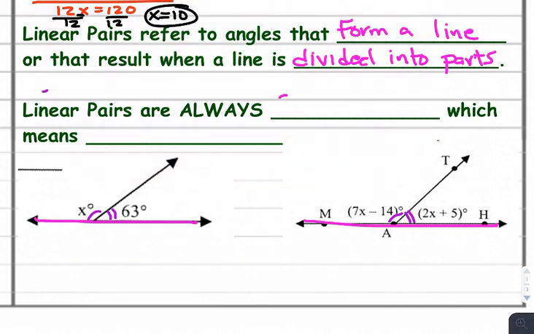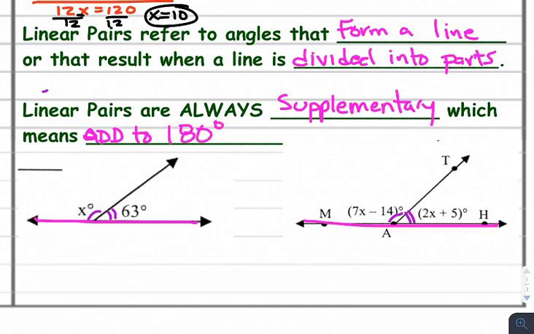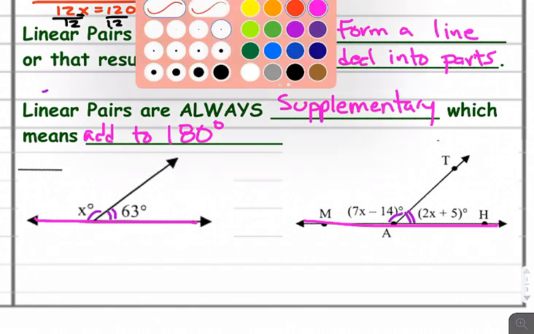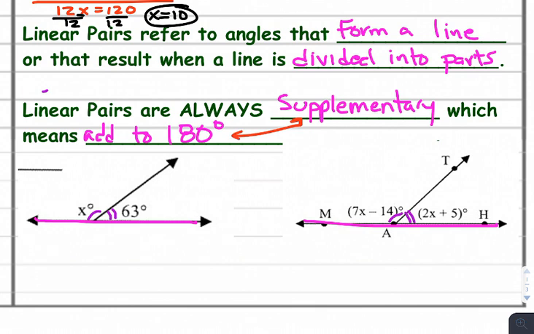And the definition of supplementary means that they sum total, or add, I should say, to 180 degrees. Okay, so the definition of supplementary just means things add to 180 degrees. And so there's a connection between these two terms, supplementary and the idea they add to 180 degrees. Either way, they give us a justification to set up another equation.